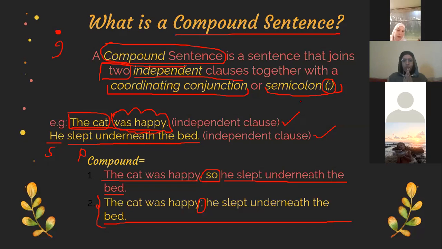How are they connected? Either with a comma and a coordinating conjunction or a semicolon. So in the compound sentence, I must find two subjects, two predicates, and two complete ideas. Okay, easy till now. Great, Hadi, no questions, everything is easy for you.